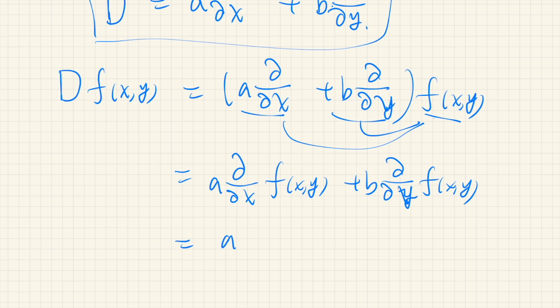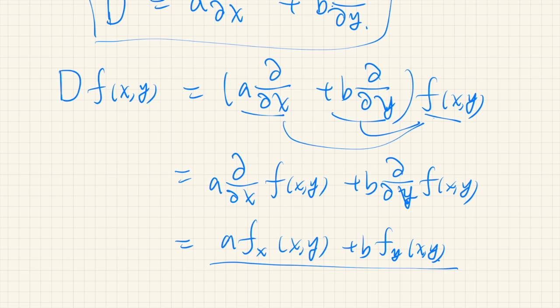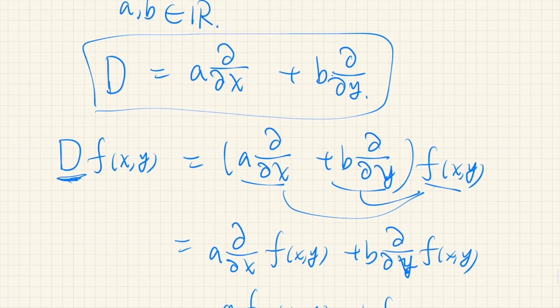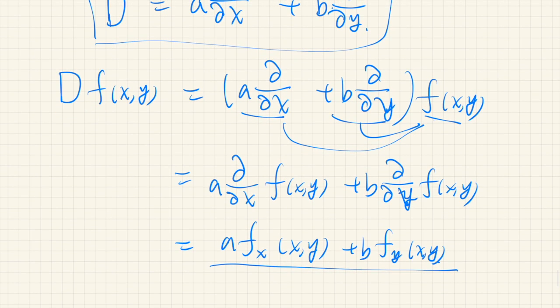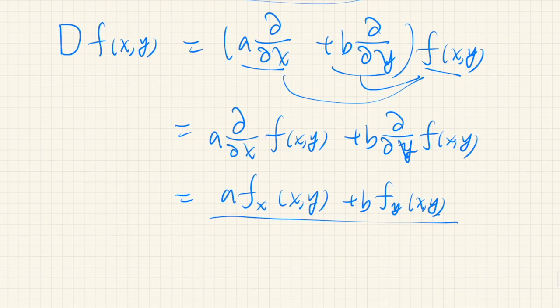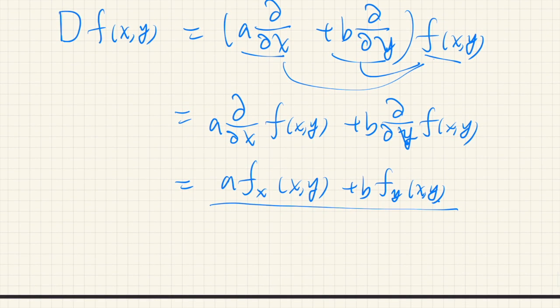So that is a f_x and b f_y. So this is the effect of the application of this new differential operator d. Okay, so this operation is not commutative in the sense that if we apply this from the right, the result is different from the case where we apply it from the left.